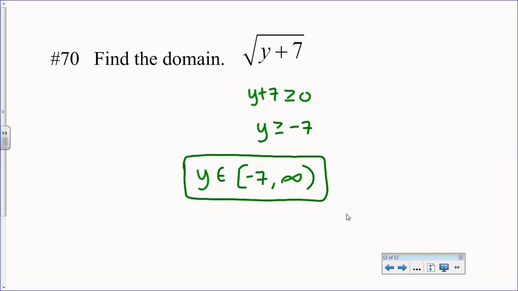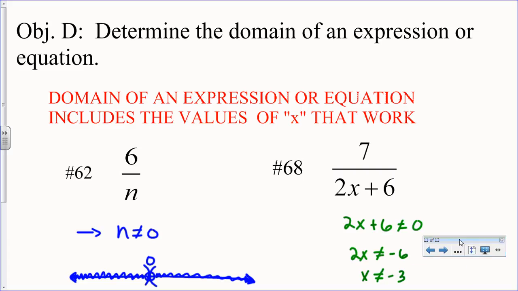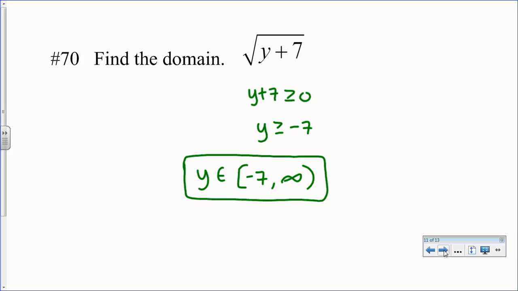So when it's an inequality, we have just our one interval here. The reason why we had to have those two intervals for rationals is because we were just skipping one number. But here we have a range of numbers. So we start at -7 and we go to positive infinity.